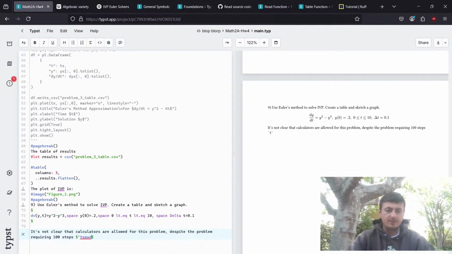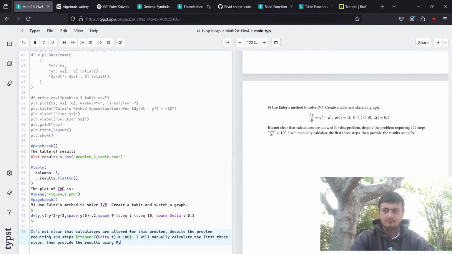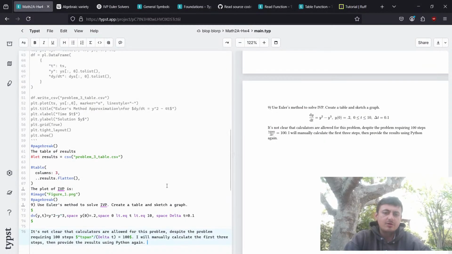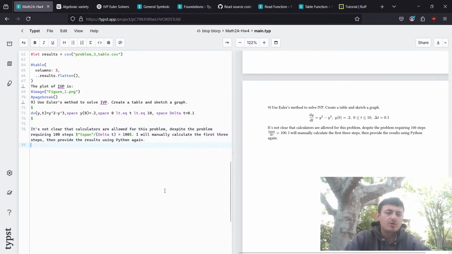Oh wait, you know what you need to do? You need to do this. Okay, cool. Yeah, I mean, there's no way they're gonna make us do 100 steps. That'd be totally insane.